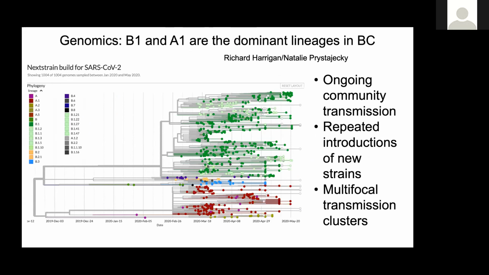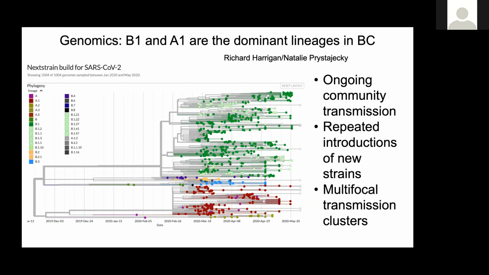This is an old slide. The work's been done by Richard Harrigan and Natalie Prestojecki. And what you see is that in BC, the B1 strain, which is this green strain, they're the dominant lineage, as is the A1 strain, which is in that mauve red color.